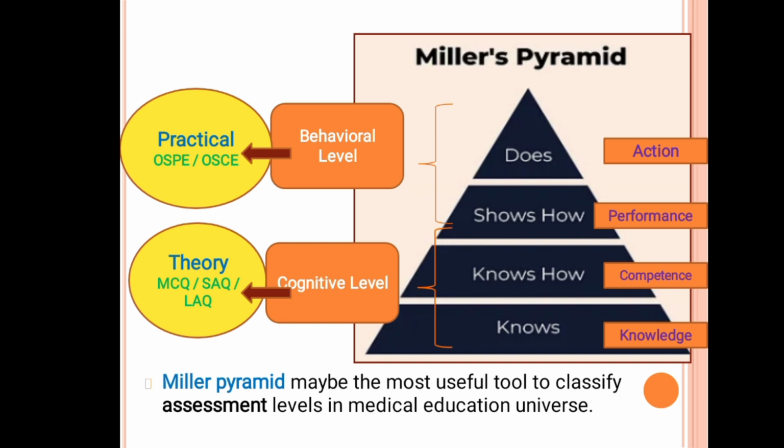The next two, shows how and does, are under behavioral level and assessed by practical where we follow OSPE and OSCE. So this is the level of knowledge, competency, performance and action.